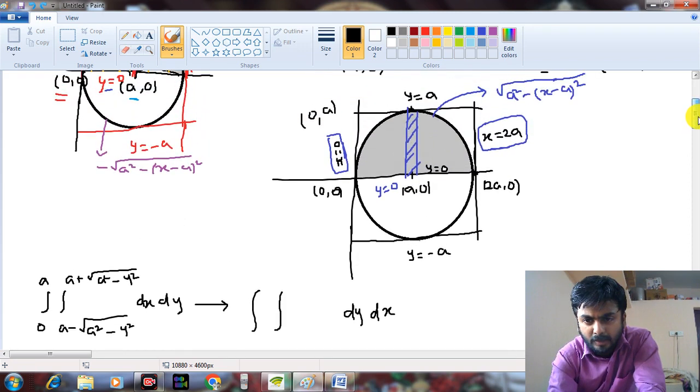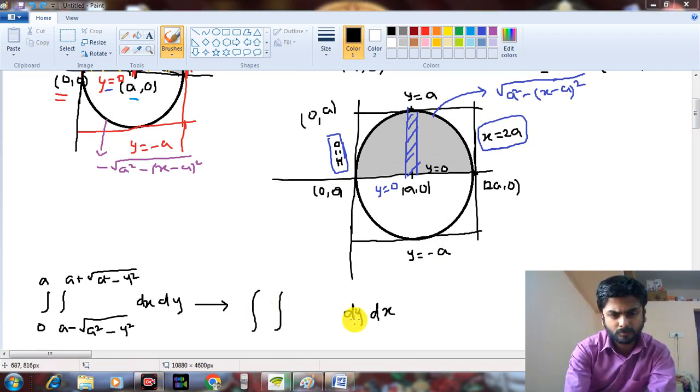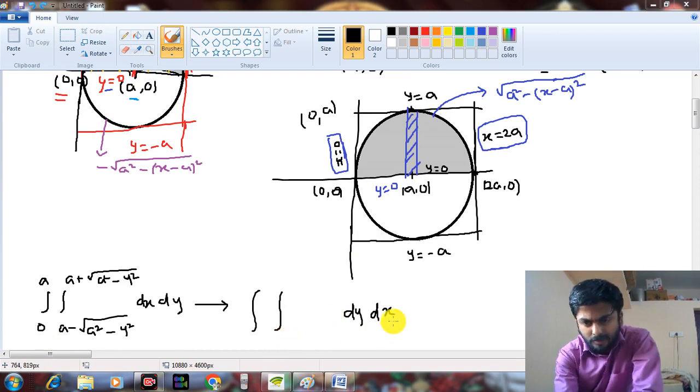So the external limit is varying, x is varying from 0 to 2a.